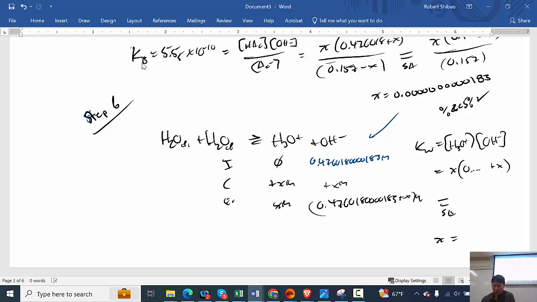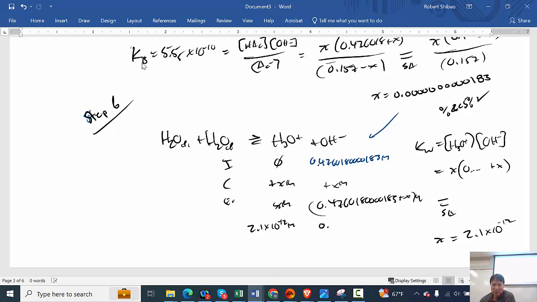That's 2.1 times 10 to the negative 12. So for hydronium, this was significant, 2.1 times 10 to the negative 12 molar. For hydroxide, this was not significant.